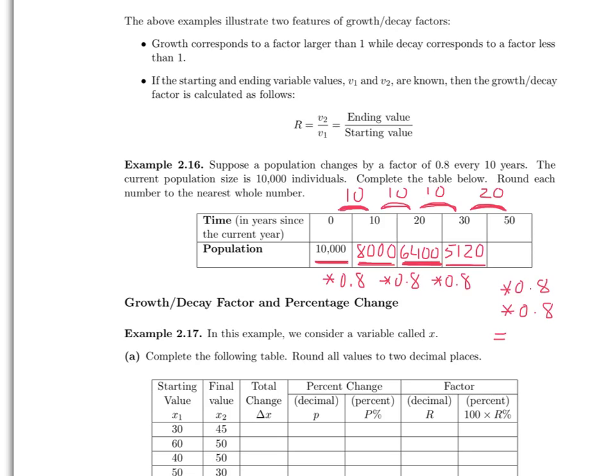Multiplying by 0.8 two times means we're really just multiplying by 0.8 squared, or if I multiply this out, 0.64.